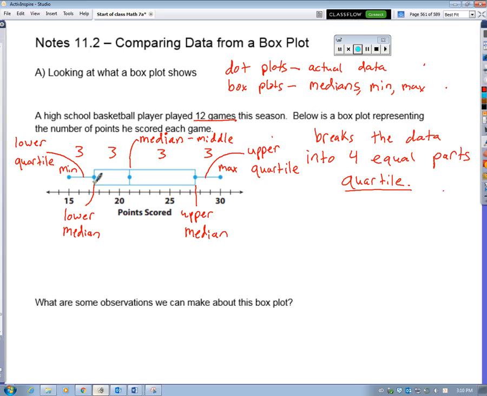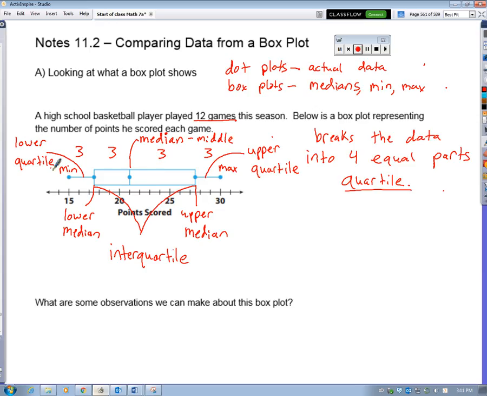And then from the lower median to the upper median, this range right in here, we call the interquartile, because it's kind of the inter part of the box plot. So there's our different parts of the box plot.